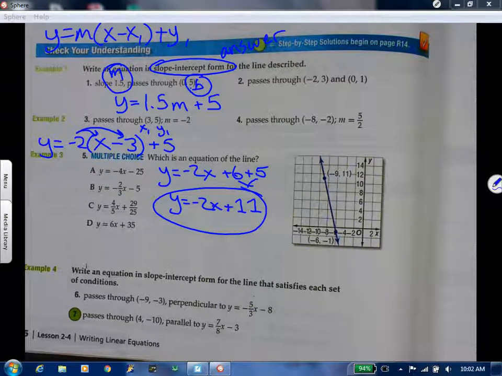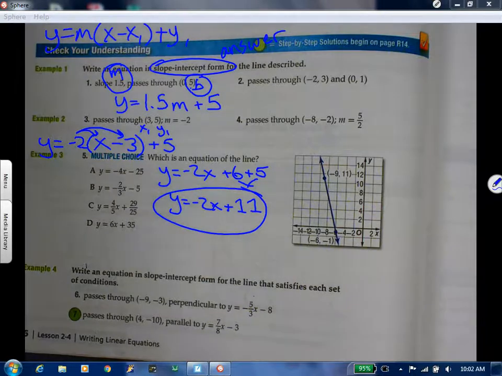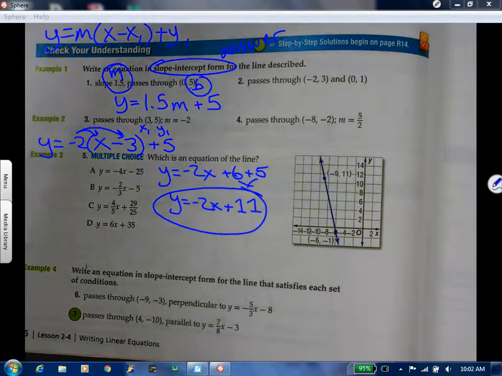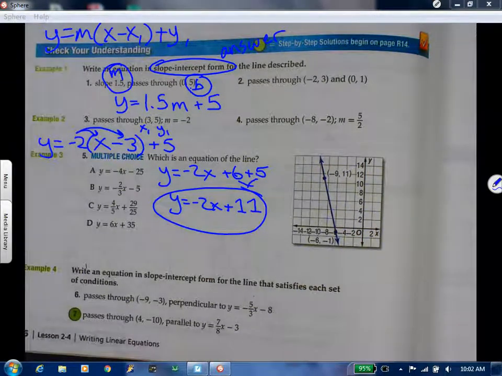You gave us the one with the fraction. So you have a slope and a point.